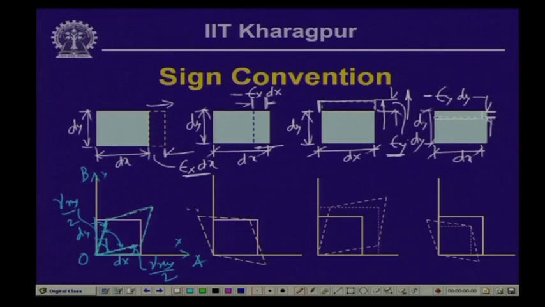Now, if we remember, we had discussed the positive shear. Now, shearing stress, if we draw it in this particular element, the direction of positive shear stress is this on this face, and on this face it is downwards, on this face it is in this direction, on this face it is in this direction.